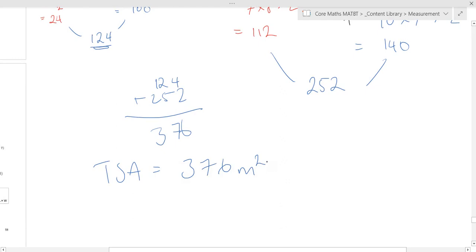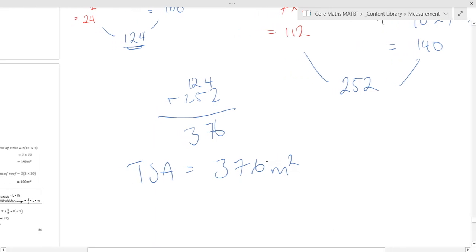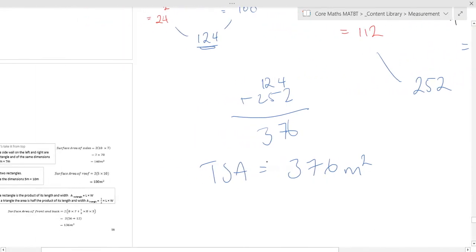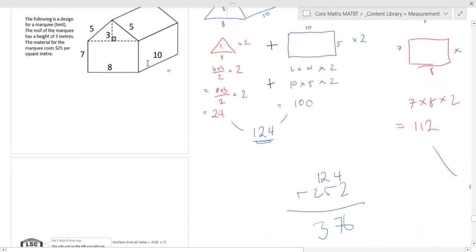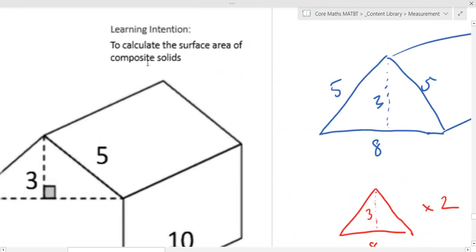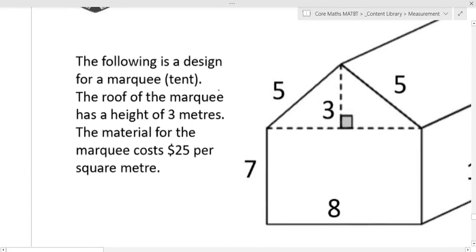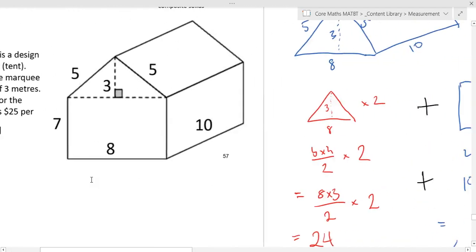Now you'll come across a question like this in the SAC, I can guarantee it. We're not quite done yet, because there's also one more thing to consider. If you read the rest of the question, it says that the marquee costs $25 per square meter. So we now need to calculate the cost of it.